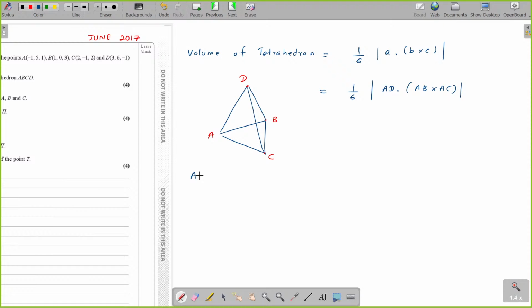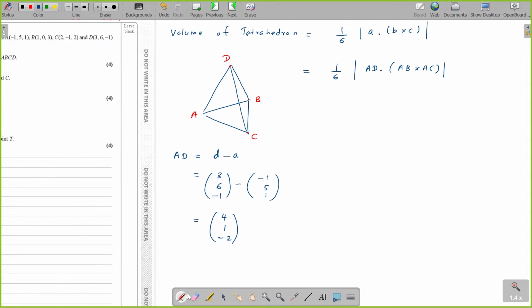Who is AD? AD is D minus A. The D coordinate is (3, 6, -1), minus A which is (-1, 5, 1). When you subtract, 3 minus minus 1 is 4, 6 minus 5 is 1, and -1 minus 1 is -2. So AD is (4, 1, -2). Then let's go for AB.